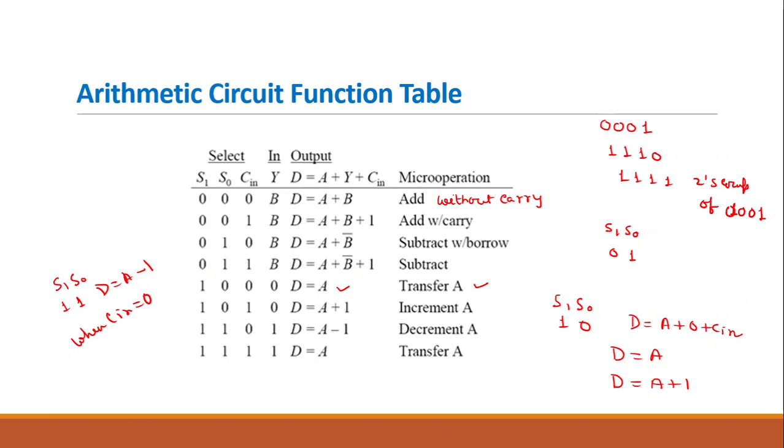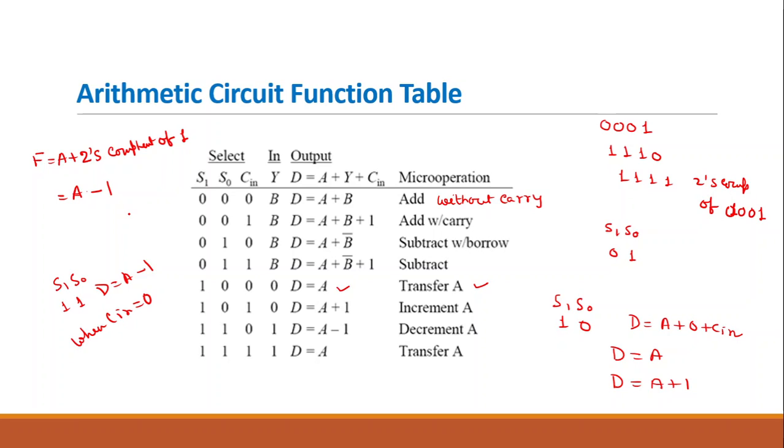So adding a number A to the 2's complement of 1 produces D equal to A plus the 2's complement of 1, which is equal to A minus 1.